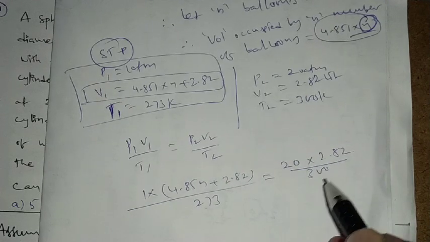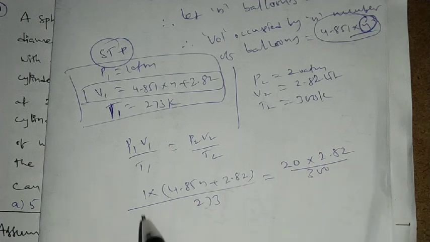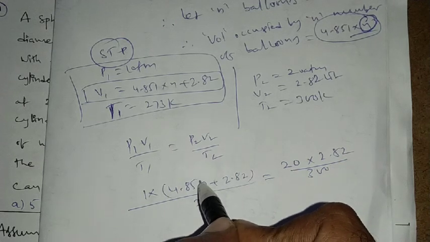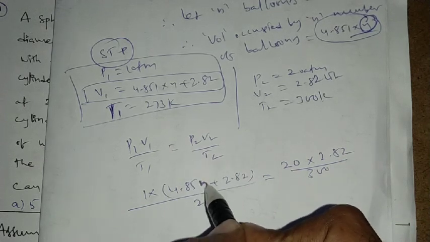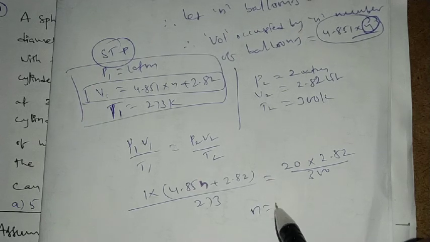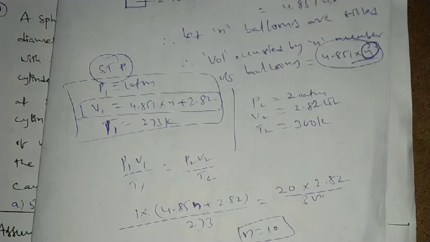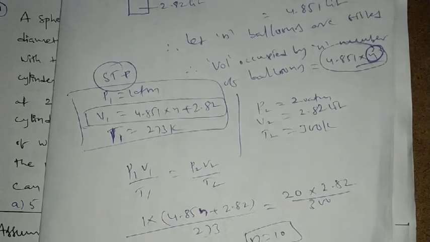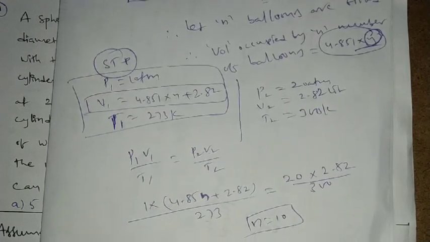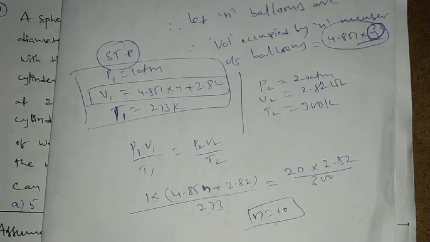Is it okay? Just observe here. All the terms are specific numerical values except this N. So doing the calculation, you will get N value 10. Is it clear? So as per the given conditions, we can fill the gas into 10 balloons. So 10 balloons we can prepare.